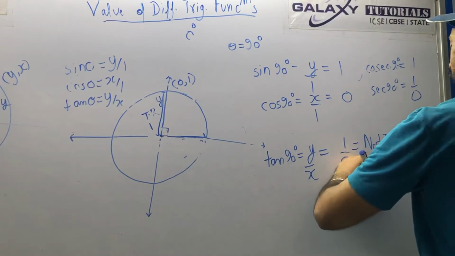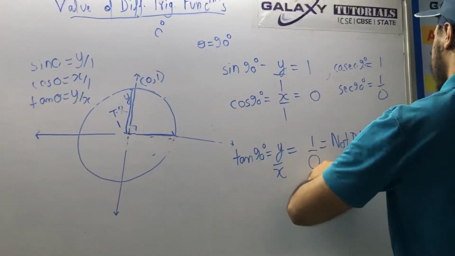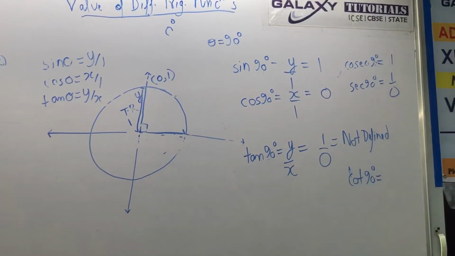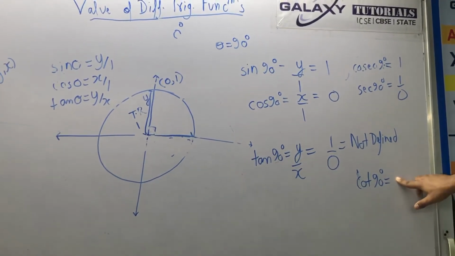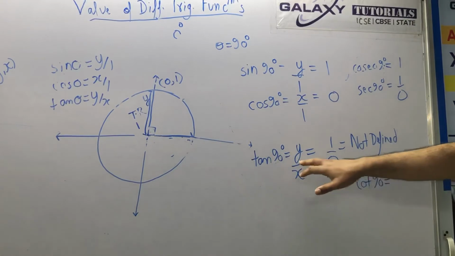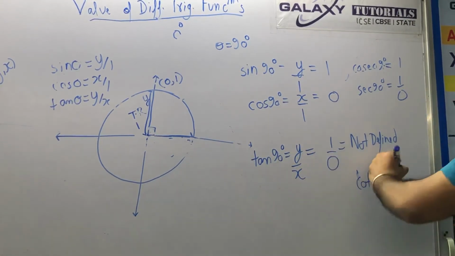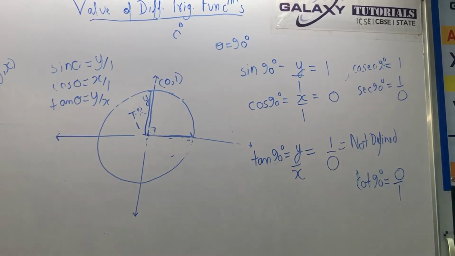And cot 90 will be the inverse of tan, so it will be 0 upon 1. In other words, it will be 0.